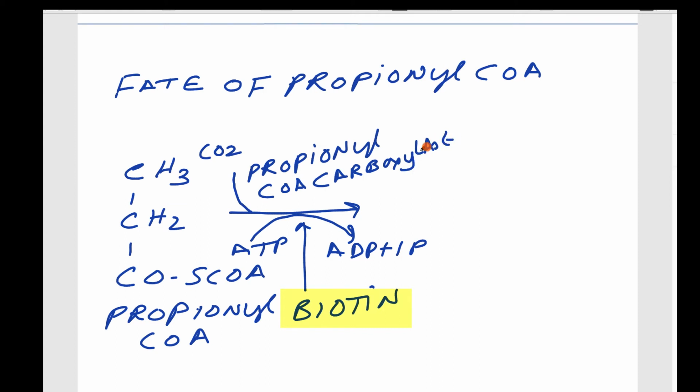Biotin is the coenzyme. This leads to formation of methylmalonyl coenzyme A.